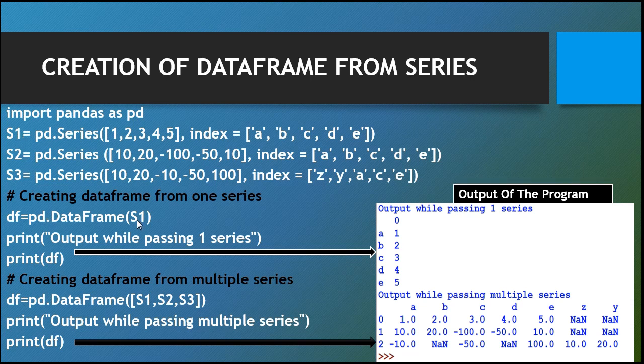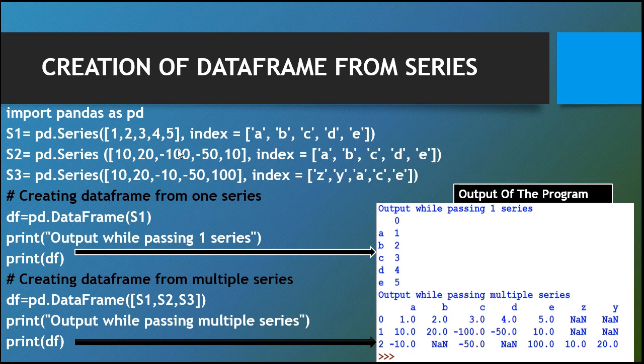You can see here the output of passing the first series is 1, 2, 3, 4, 5 with index numbers A, B, C, D, E. That means instead of displaying default index numbers, it is showing A, B, C, D, E because we have passed the parameter index in series 1.